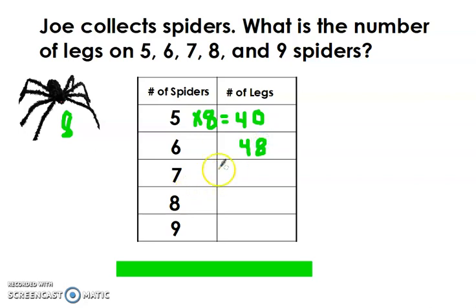And 7 times 8, I have to think about that. Oh, I can count up. 48, 49, 50, 51, 52, 53, 54, 55, 56. You don't know, there are ways to get to it. Okay, and then 8 times 8, I can count up again. 57, 58, 59, 60, 61, 62, 63, 64.